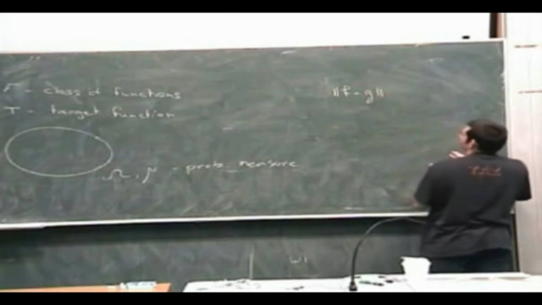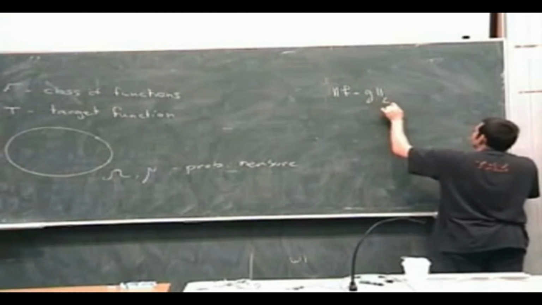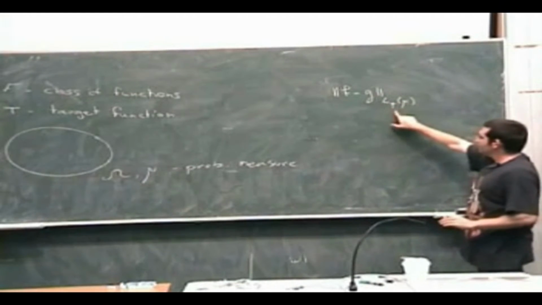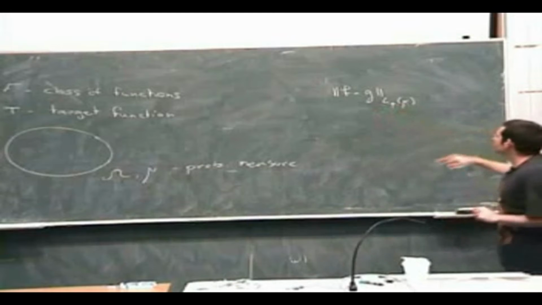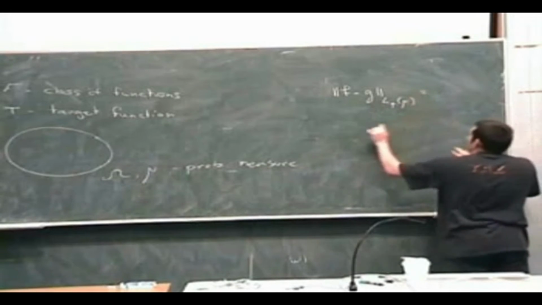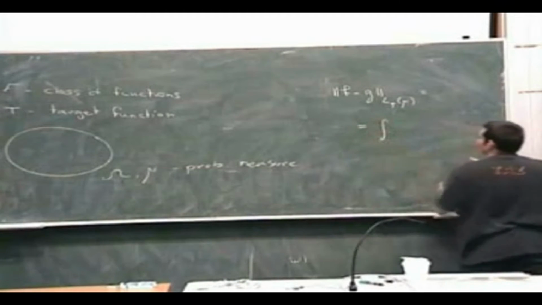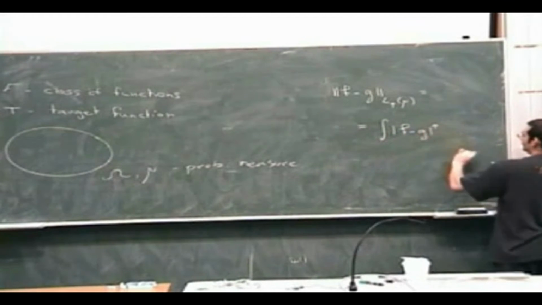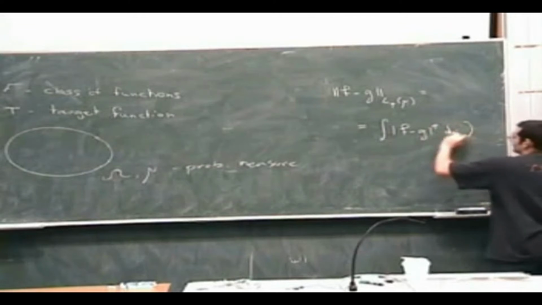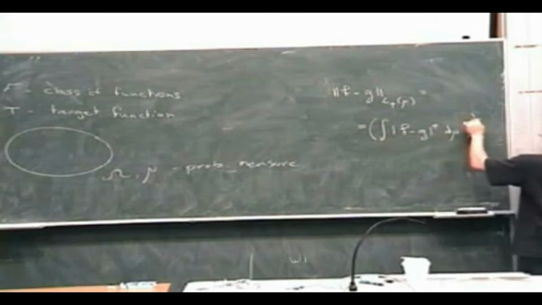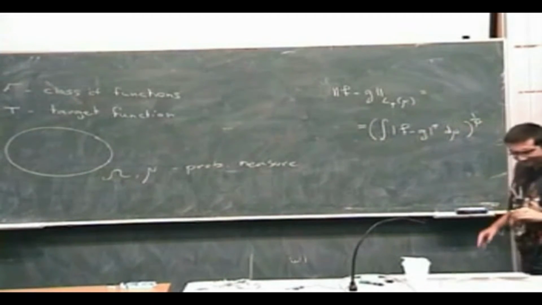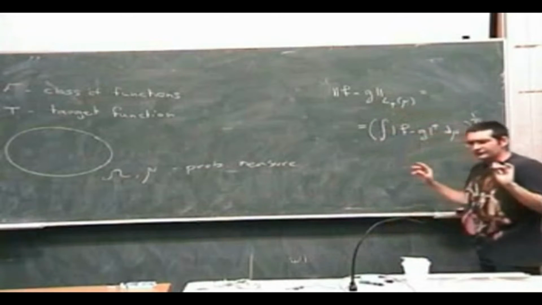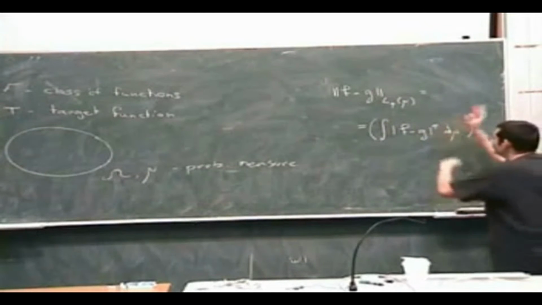And since this is a probability measure and this is essentially a problem in probability theory, I'm going to use this notation from here on, the expectation of f minus g squared, to the power one half, with respect to the probability measure. So this tells you what I mean when two functions are close. I say the two functions are close if this quantity is relatively small.